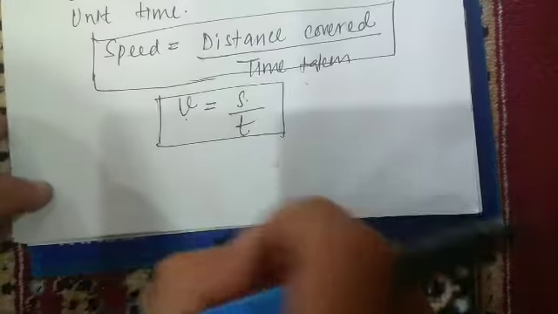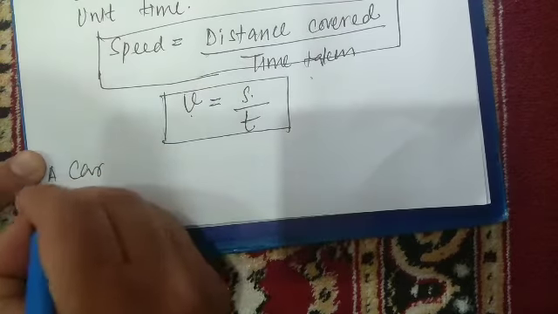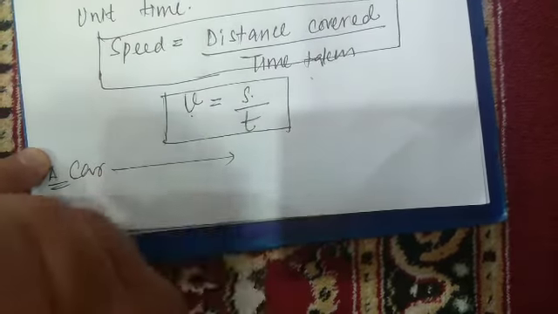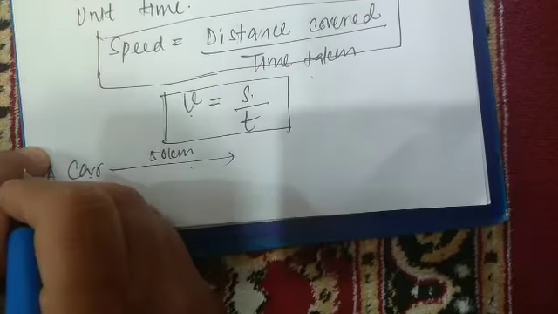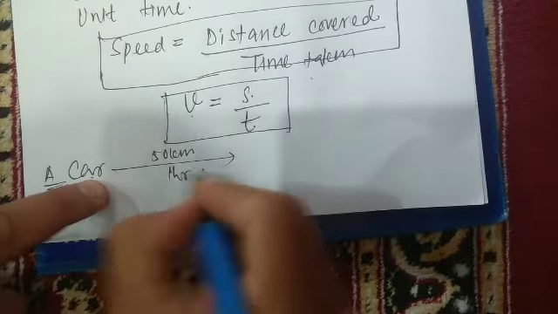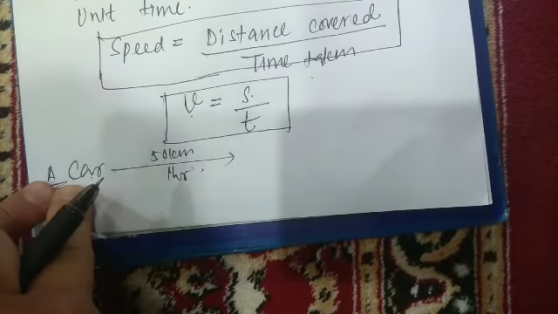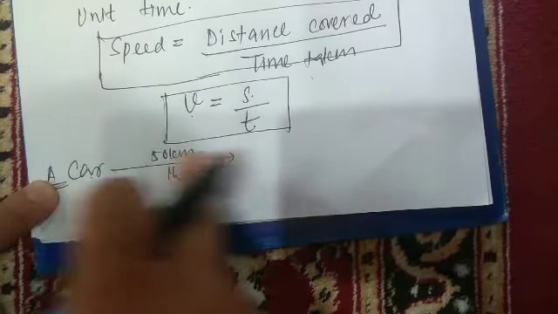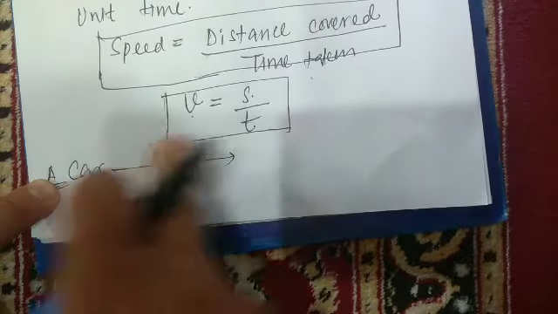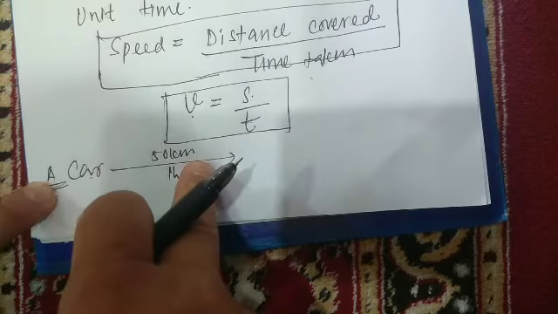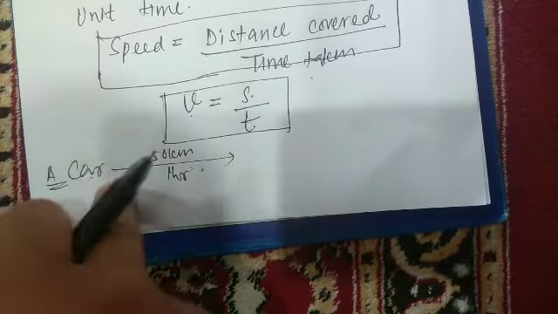Say for example, we are taking an example: a car covers a distance of 50 kilometers, and it took 1 hour to complete this distance. Can you say what was the speed of this car?